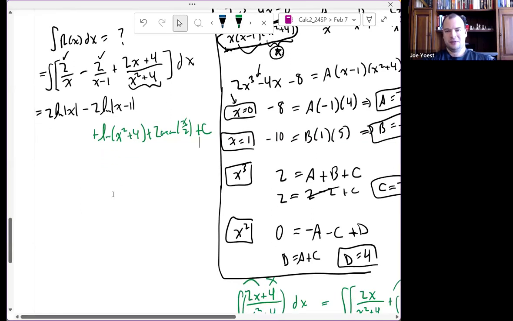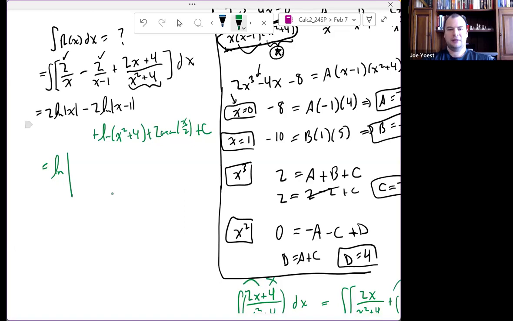I suppose we could do a little bit of combining here. So I actually don't think I need an absolute value. I could do log of x squared, put this 2 up in the power, minus, so divided by inside the log. And then put this 2 in that power.